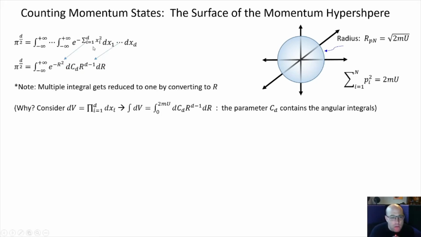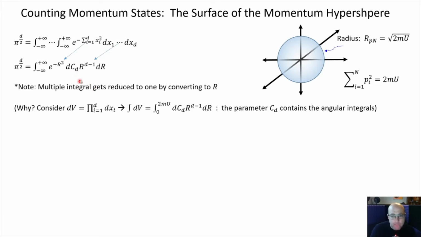And one thing to note is that we've sort of gotten rid of this multiple integral sequence, right? Because now instead of doing an integral over each variable in turn, we've incorporated all the x sub i variables into the variable r, and we're just integrating over r, right? And this is essentially exploiting the spherical symmetry to say that, look, whatever the angular part of the integral is, it doesn't depend on r, it's uninteresting, and so essentially any angular factors would come into this c sub d.